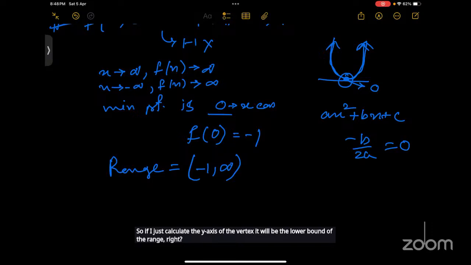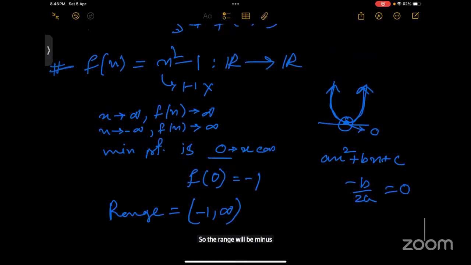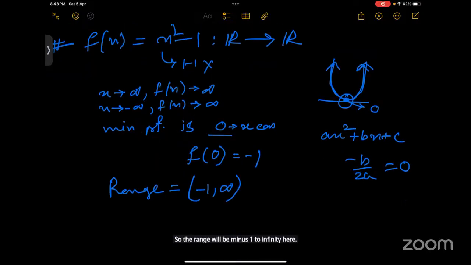So the range will be -1 to infinity here. Any doubt? Yeah, the graph will start from below the x-axis, right? Yes. This is our vertex. This is (0, -1).